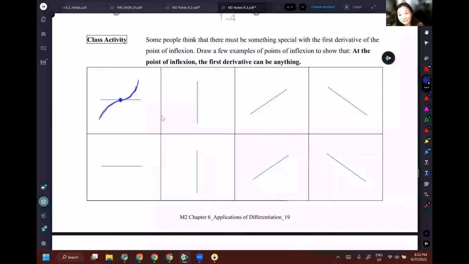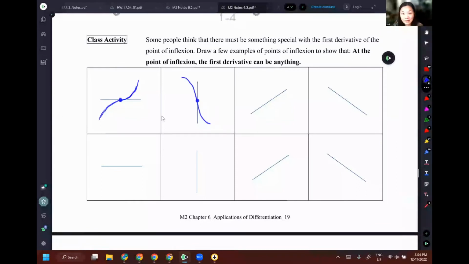So there is a change of concavity. Here, this is the tangent. I'm going to do a concave down and concave up. How do I do it? Follow me.